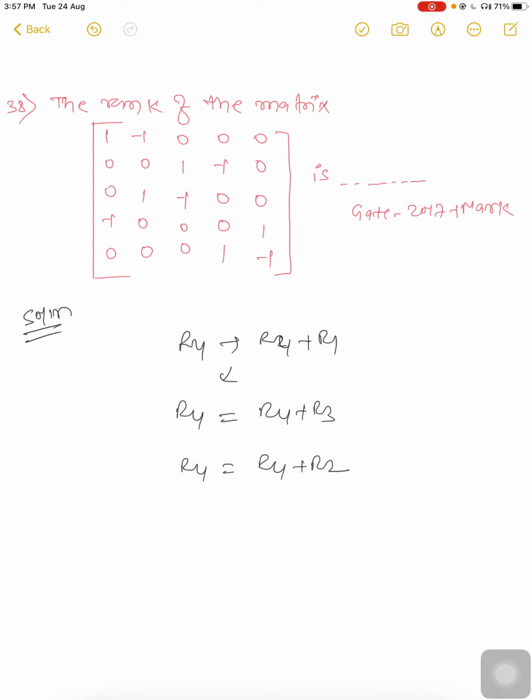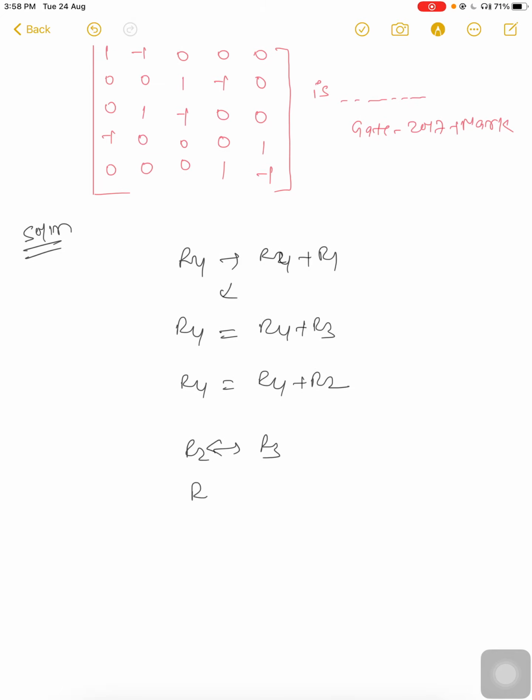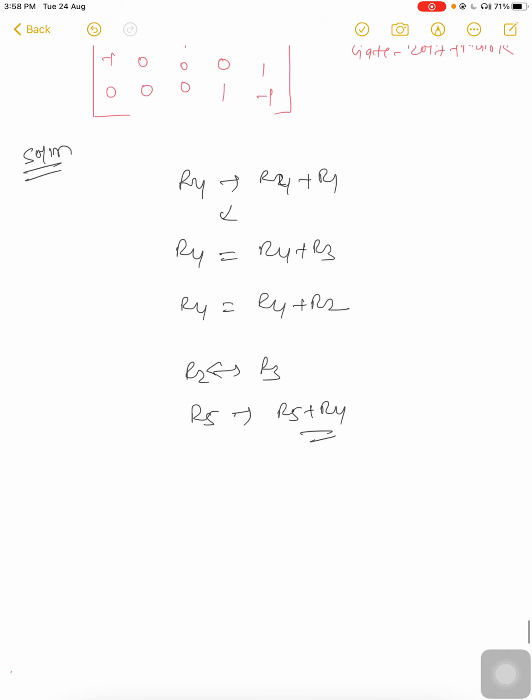Otherwise, we can say make R4 into R1 plus R2 plus R3, and change R2 and R3, and make R5 equal to R5 plus R4.